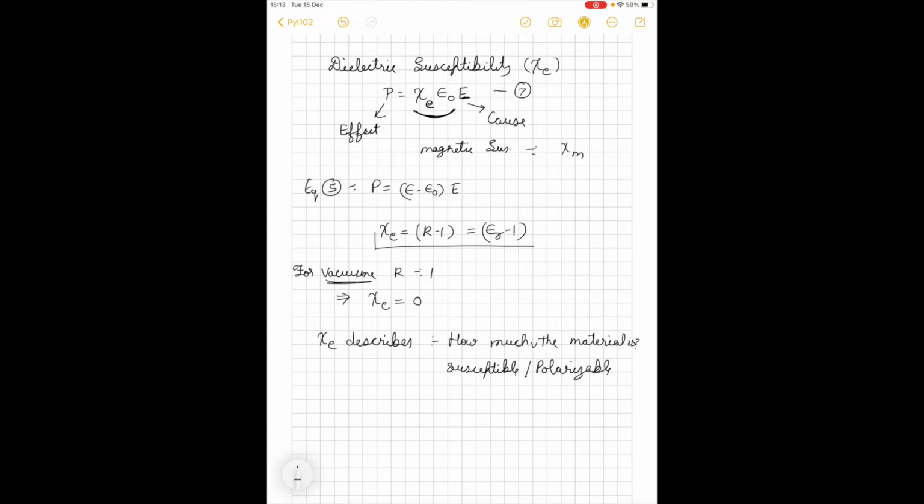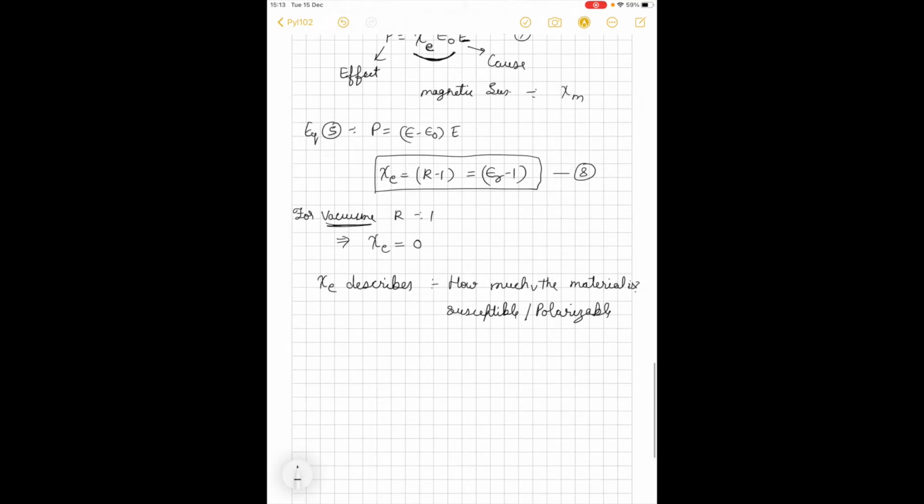I can call this expression equation number 8. This is also a nice expression. If the atoms, ions or molecules in the material are more polarizable, this tells us that chi E would be higher.